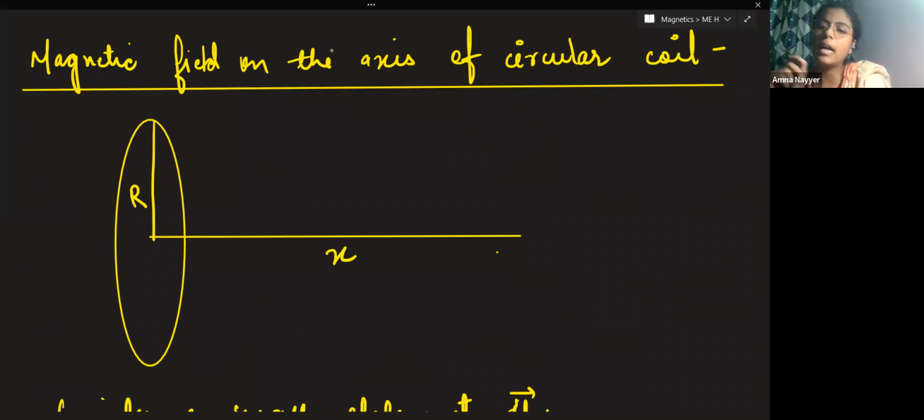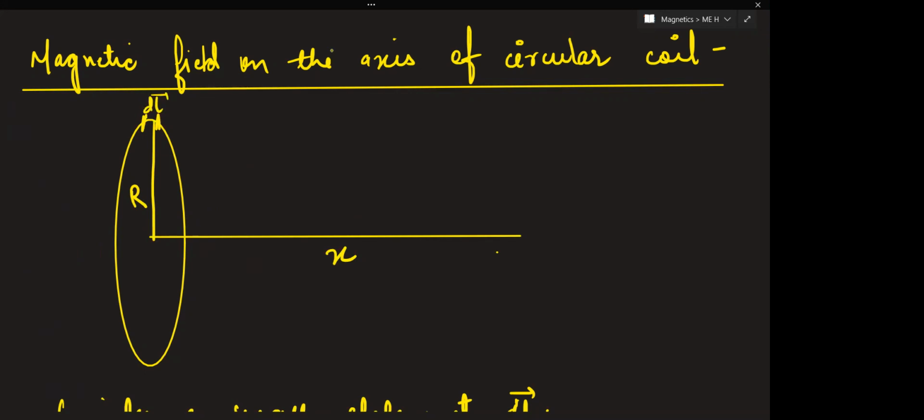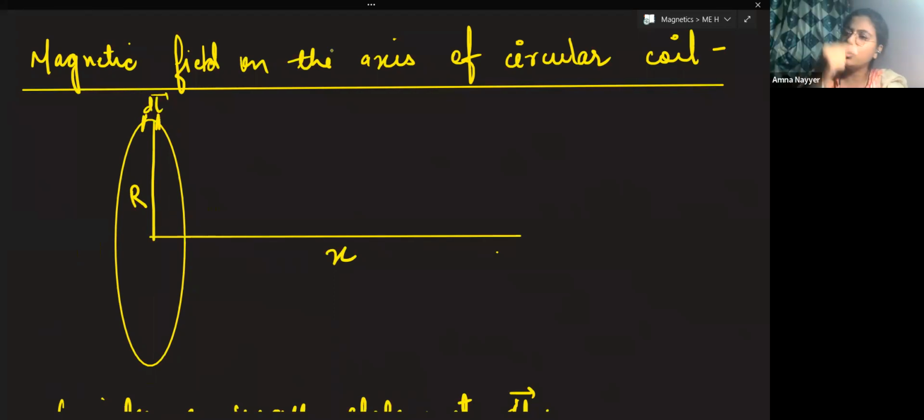Along this axis, we are trying to find the magnetic field. Now, I take a small element dl, as we have been taking. What's the name we had assigned to dl? Current element. So from two diametrically opposite ends, I have taken two dls, meaning two current elements.